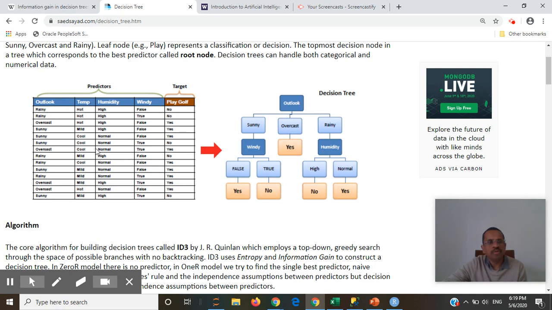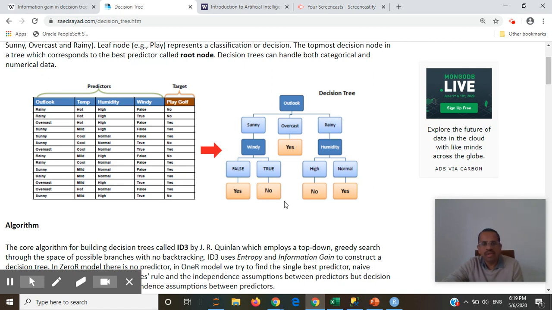not. To create a decision tree, first outlook, that is this column, is selected with sunny, overcast and rainy as its parameters, and then I divide it again and again depending on other criteria and come to the conclusion whether I can play golf or not.